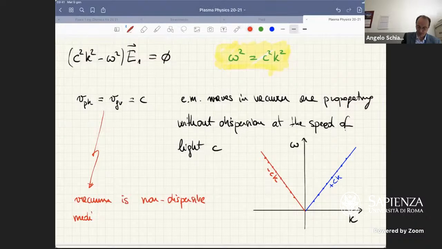For electromagnetic waves. And this is nice because we recover a result that is important and that actually occurs in practice, because what we are going to do, for instance, is to produce electromagnetic radiation away from the plasma, like light waves in the form of lasers or microwaves or radio waves, and then we send this radiation to the plasma.